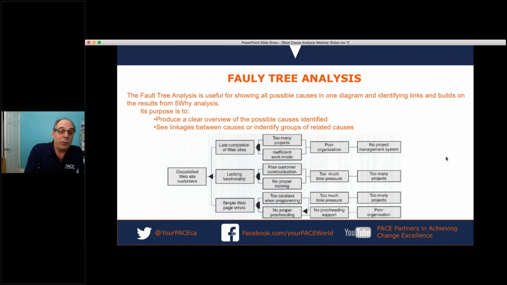So you start with, we have dissatisfied website customers, and then you ask, why do we have dissatisfied customers? And one of the reasons could be late completion of our websites, or lacking functionality, or simple web page errors. And you can ask why and dig down and dig down and dig down. And as you dig down, you'll notice that a couple of things came up twice.